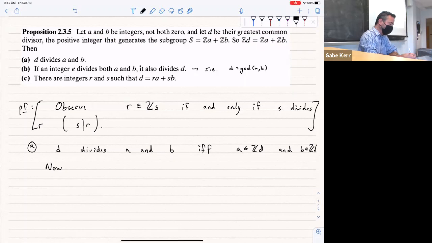So we know that A is an element of ZA plus ZB. Can someone tell me why?